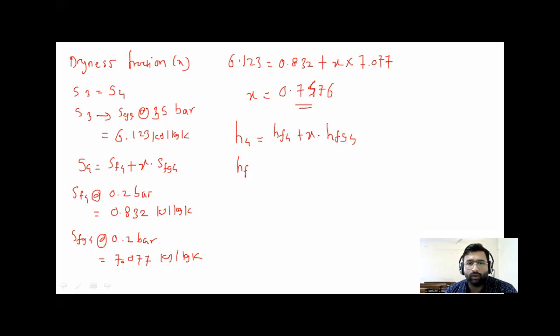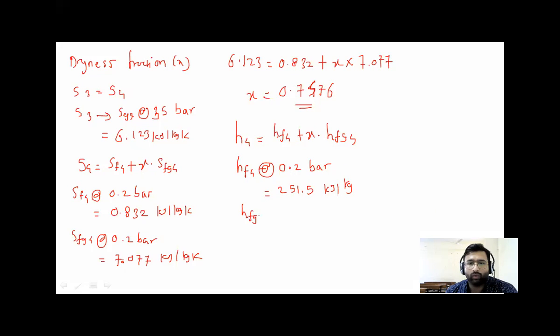So HF4 at 0.2 bar. How much? HF value at 0.2 bar is 251.5 kilojoule per kg.